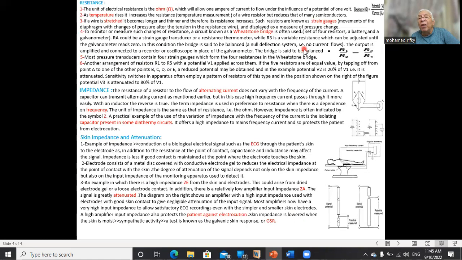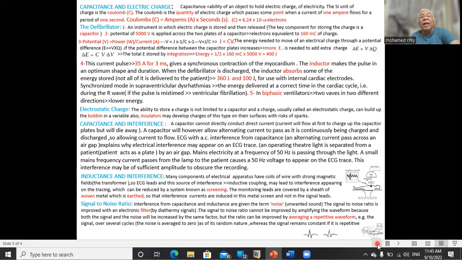In the new version of the book, of course, they show that the extra energy required is the volt times the extra amount of electrical charge required. So this is the equation.